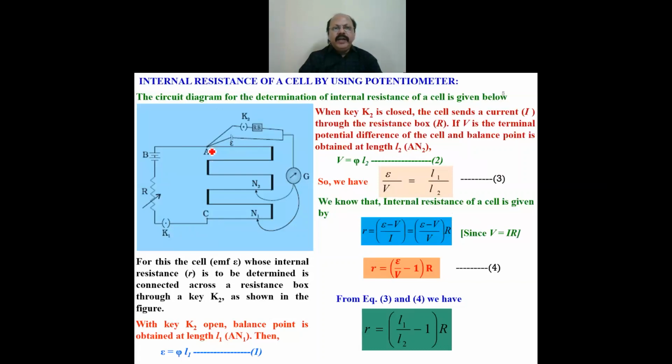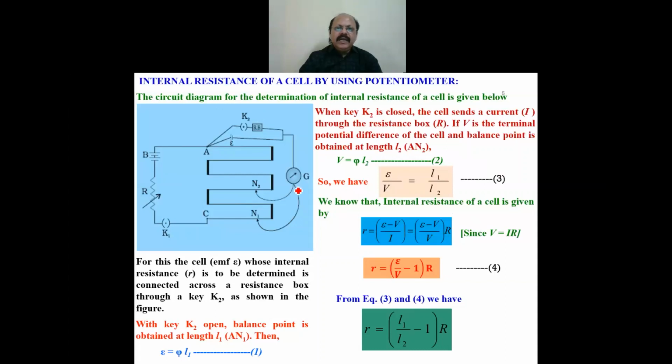With this point, a cell of EMF E whose internal resistance is to be determined is connected along with key K2 and a resistance box. So first we close the key K1 and with the help of the rheostat a constant current flows through the potentiometer wire. Here key K2 remains open.